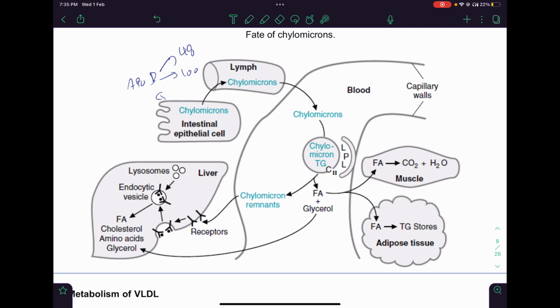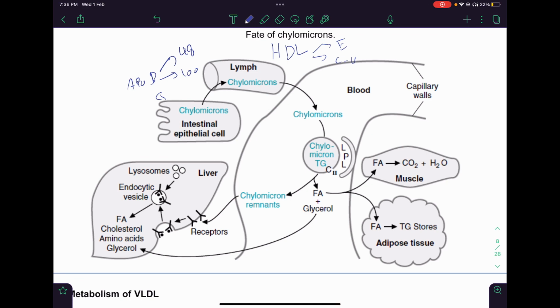Now, when we go through the lymphatic system, it then goes to the blood. Before going to the blood, in the lymphatic system, we see specific lipoproteins, and this is called HDL. Now, what does HDL contain? HDL contains two apolipoproteins, E and C, specifically two.